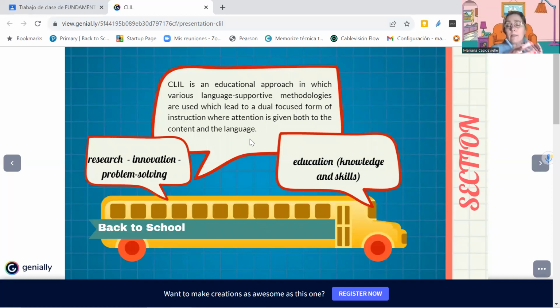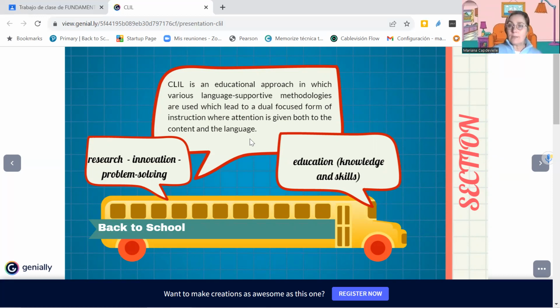Sometimes you focus a little bit on language, sometimes you focus more on the content. You are supposed to be teaching the content, which is the subject matter, like, I don't know, the Andes, the indigenous peoples in Latin America, colonial times.